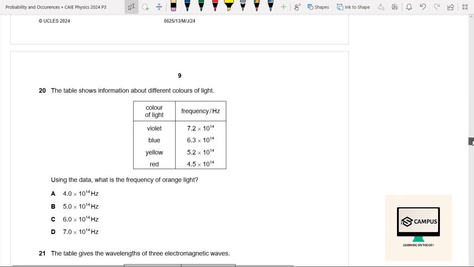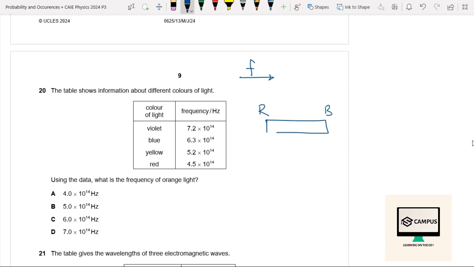The table shows information about different colors of light. The frequencies are given against color. Using the data, what is the frequency of orange light? Well, we know orange is made up of some yellow and some red. And we also know, if you remember the EM spectrum, the visible light, this is the increasing direction of frequency, red is here and blue is here and everything is between.